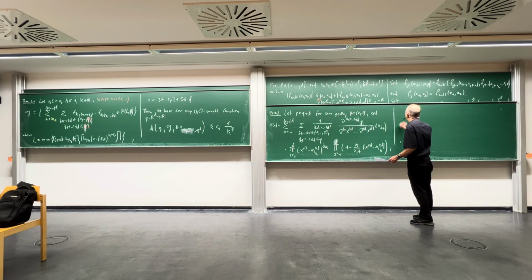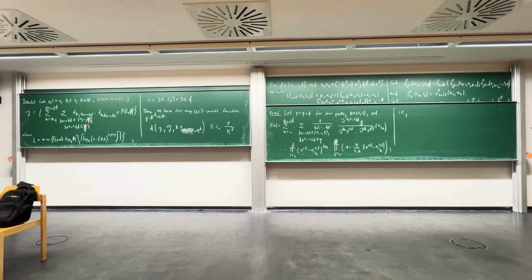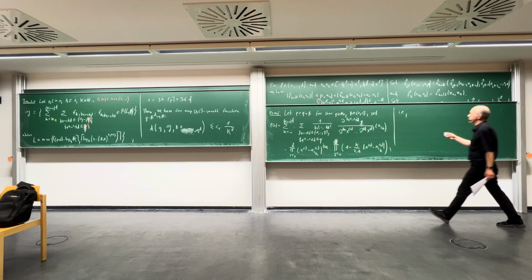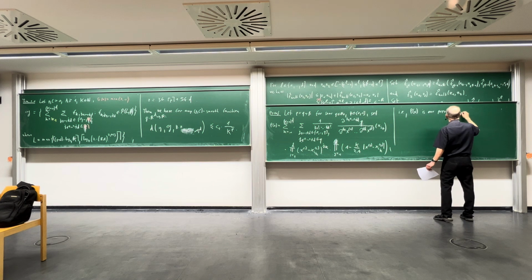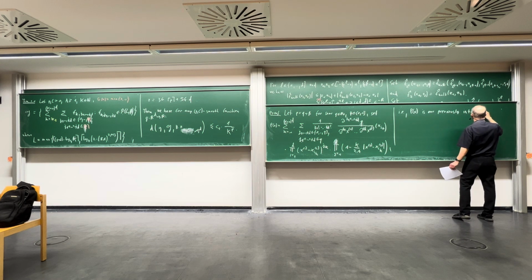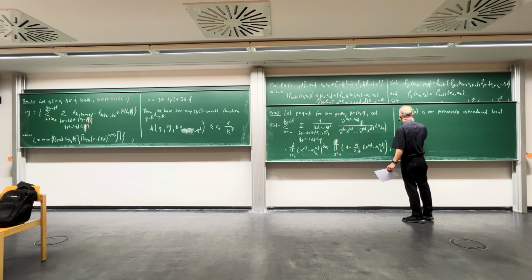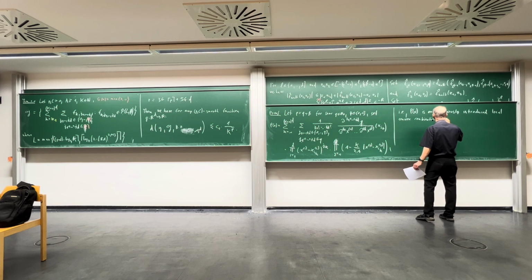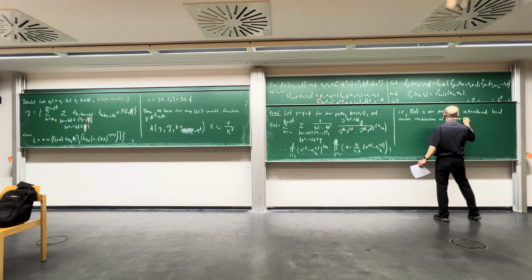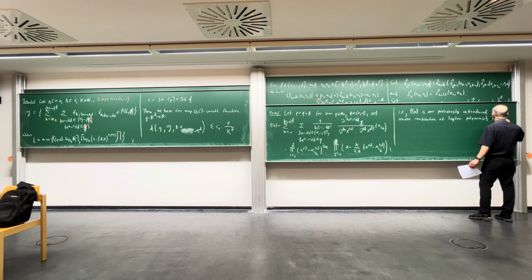Which means that our P of x is our previously introduced local convex combination of Taylor polynomials of g.